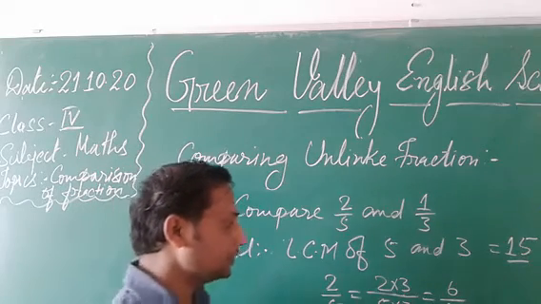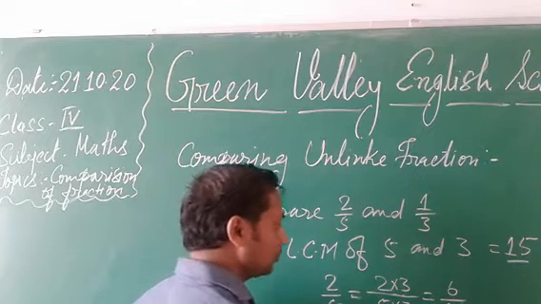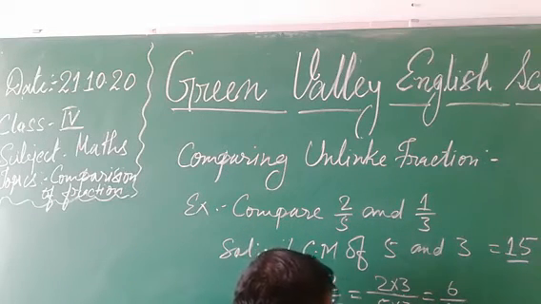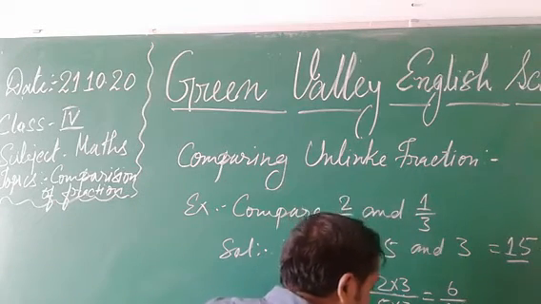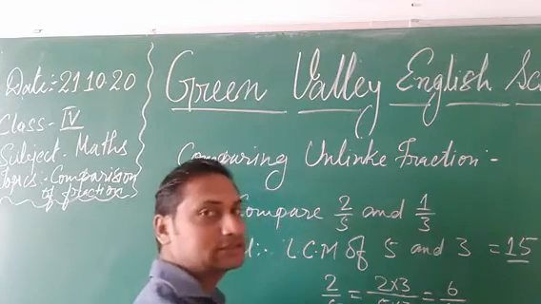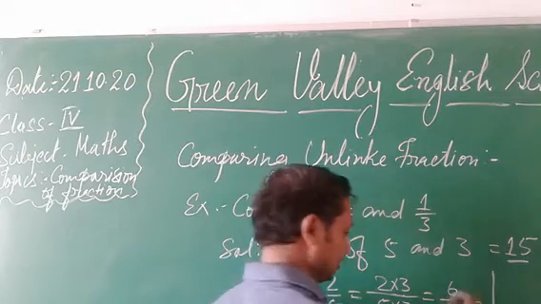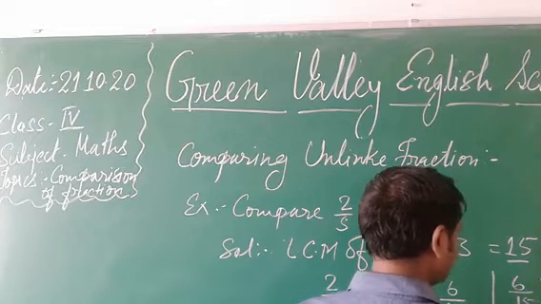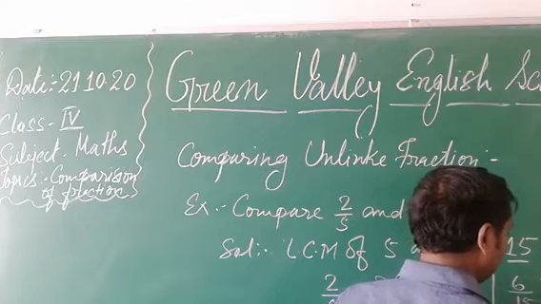So to compare them becomes very easy. So now we compare their numerators. Since 6 is greater than 5, 6 is greater than 5. So students, you can see here, it means this fraction 6/15 is greater than 5/15. The equivalent of 6/15 is 2/5.